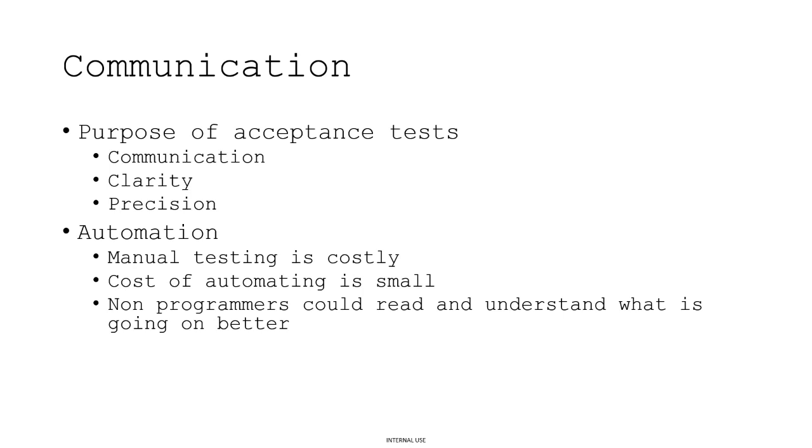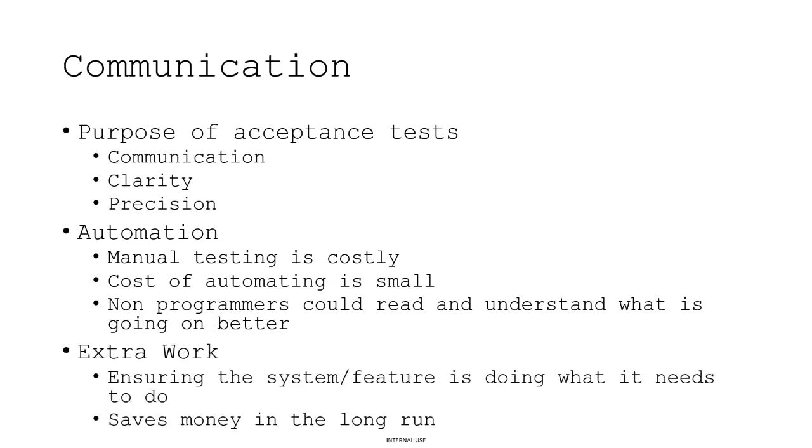They should communicate, they should be clear, and it's a kind of high upfront cost, but over the long term the cost is small. All you have to do is one button click and all the tests run. Manual testing is another way to accomplish this. You can manually test a feature branch, which is what we do at work too, but it can be costly because you have to wait for the feature branch to build and wait for the QA to run through it.